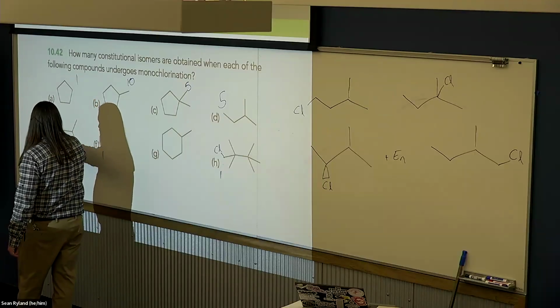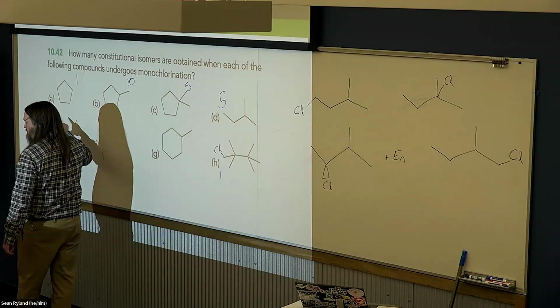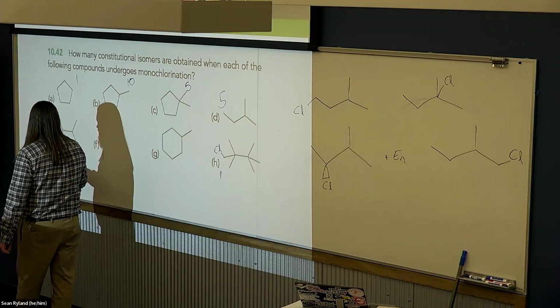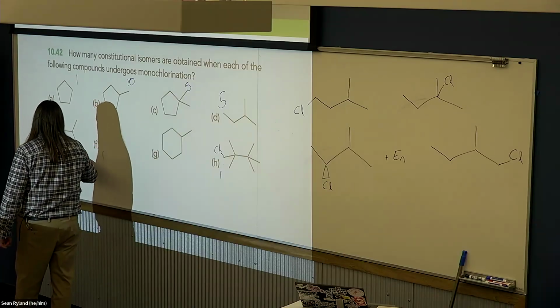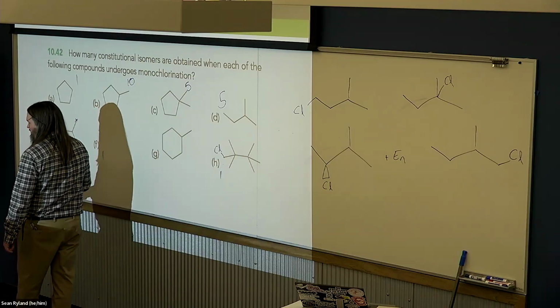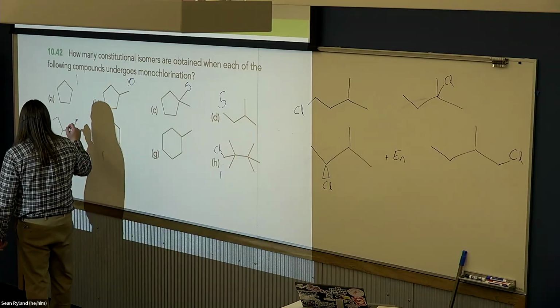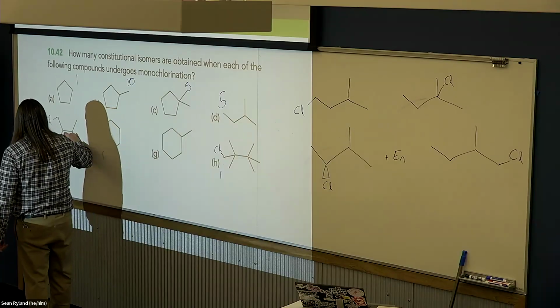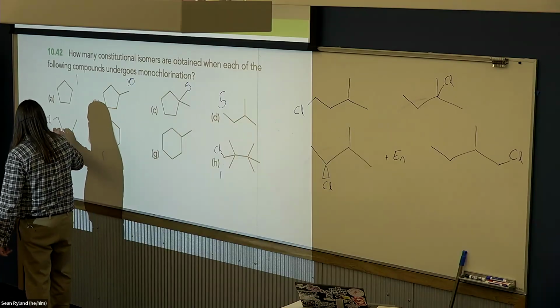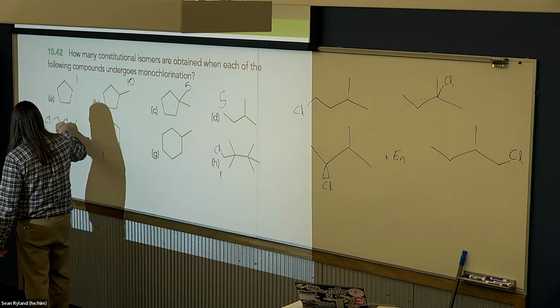All of these methyls are identical as well, right? So we can put it on carbon 1, and that covers all of these others as well. And there's no stereochemistry. But we could put it right here.